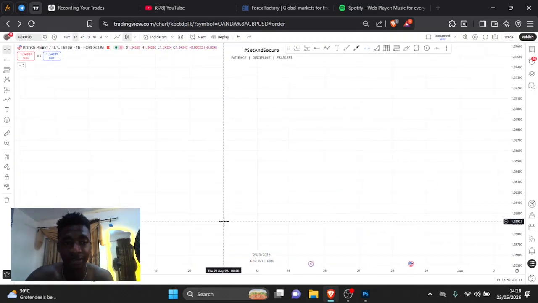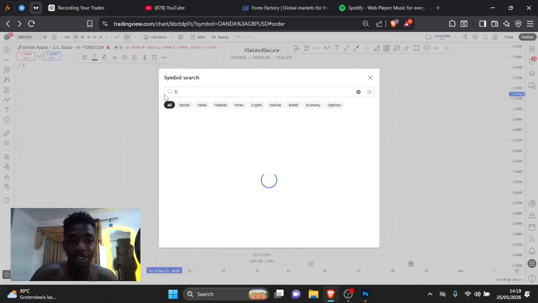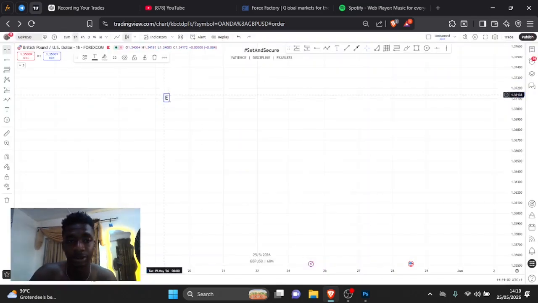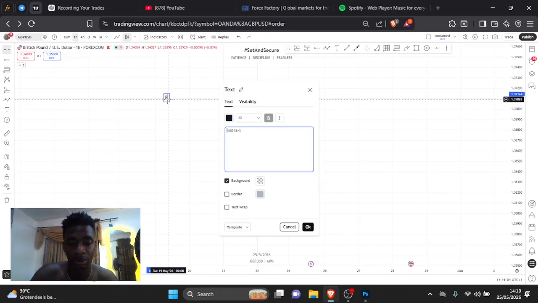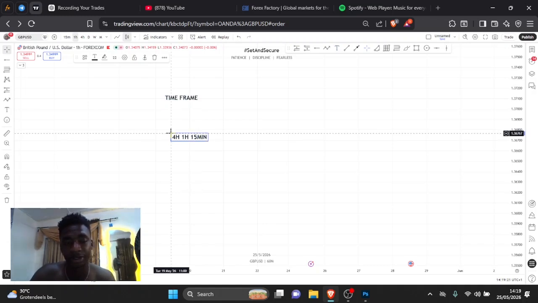Okay, so now these are the time frames I use for my entry model, and these are the time frames I use for execution. The time frame I use is usually the 4 hour, 1 hour, and 15 minutes.